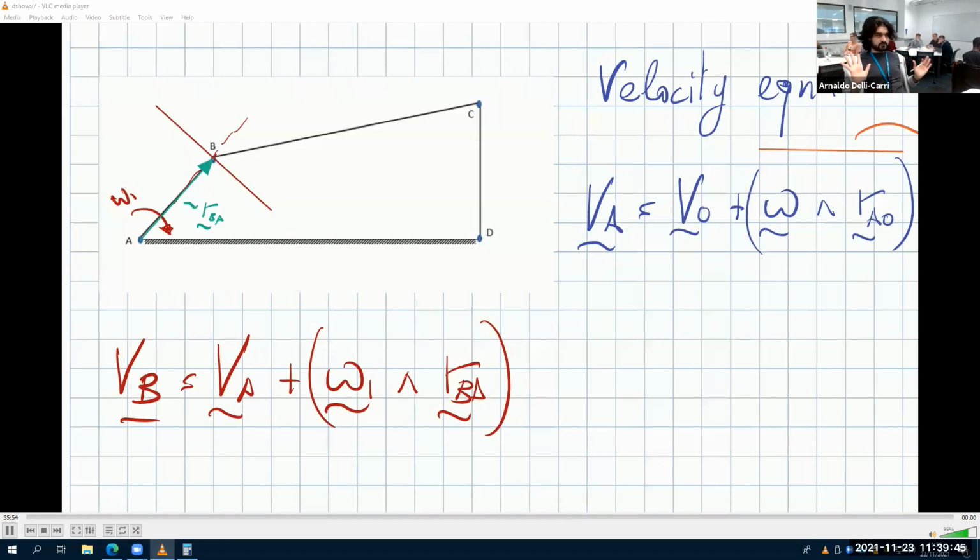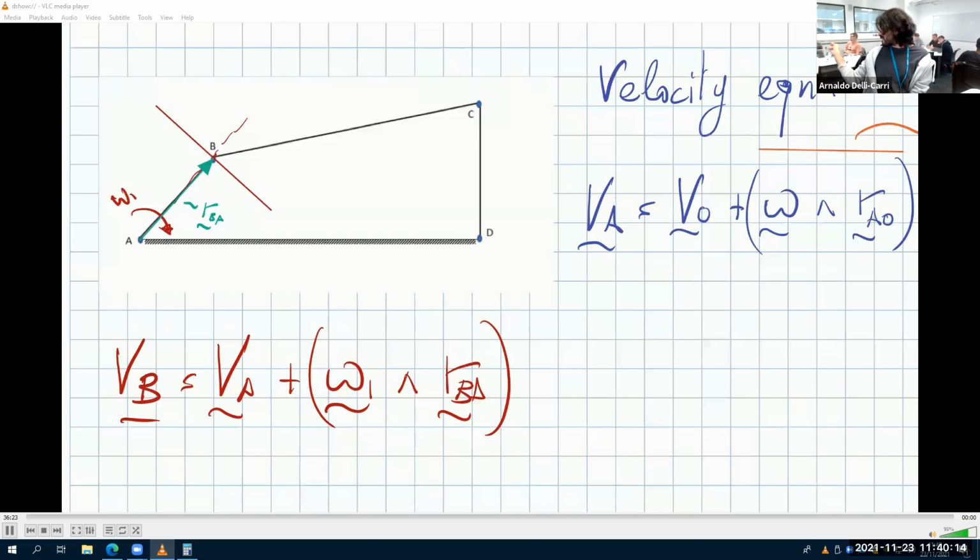Agree? Good. So if you put omega 1, which is a vector that goes inside of the paper, over RBA, you end up with a vector that goes down right. Try with your right hand. The first vector is inside the paper. It goes towards RBA. You curl your fingers towards RBA, and then your thumb points in the other direction.